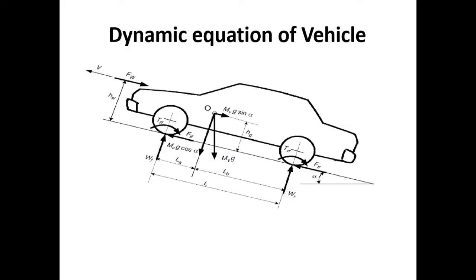So we can write the expression as 0 equals minus Wf into L, using the concept of moment, the clockwise moment is taken as negative and the anti-clockwise moment is taken as positive, plus MV g cos alpha into Lb, minus Fr into R dynamic, which is taken as negative, minus Fw Hw minus MV g sin alpha into Hg minus M dv by dt into Hg.